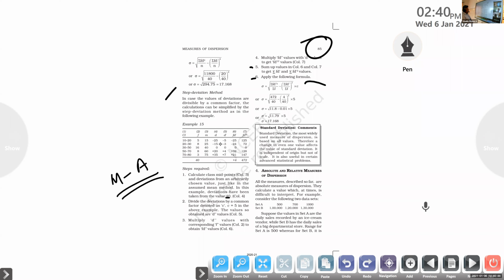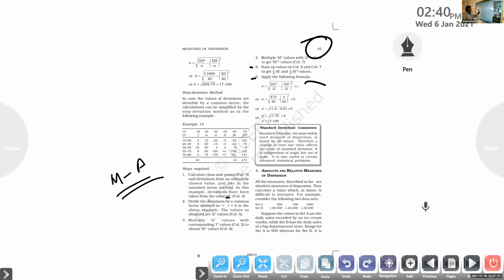Next step, look at the second point: divide the deviations by a common factor. Say the common factor here is 5. So the numbers are 25, 15, 20, 35.